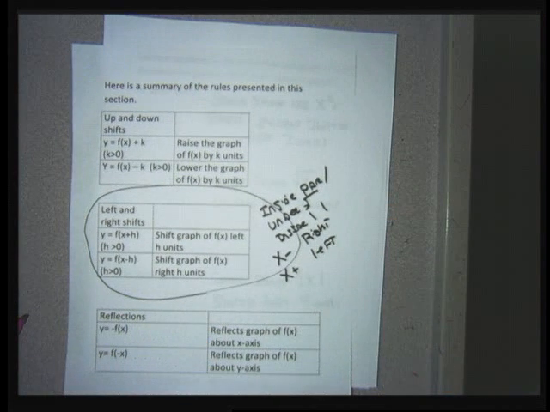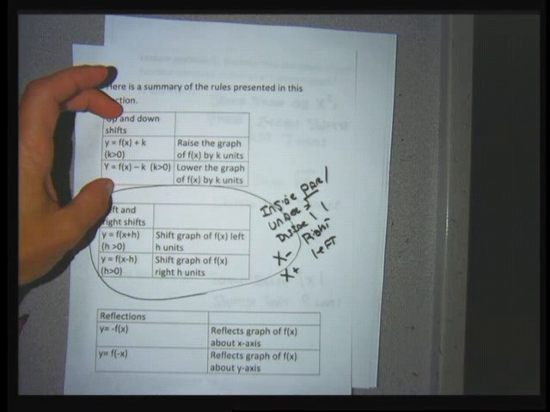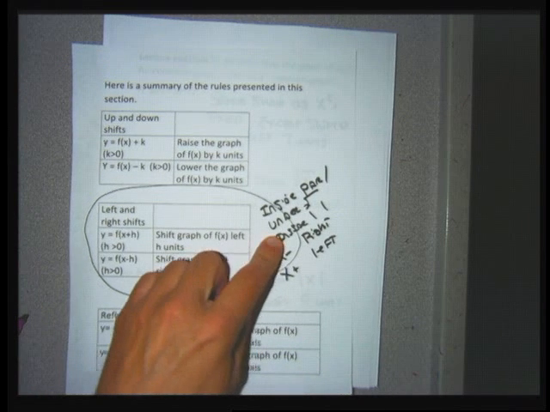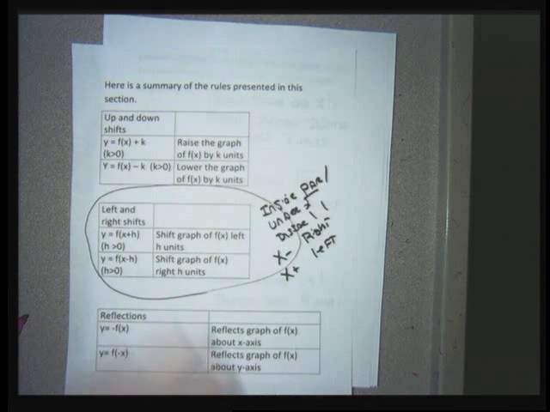So that's 2 of the 6 shifts that we're really responsible for. The next shifts we're going to do are up and down shifts. And to move something up or down, you're not going to be making a change under the absolute values or inside a parentheses. It's going to be after the function.